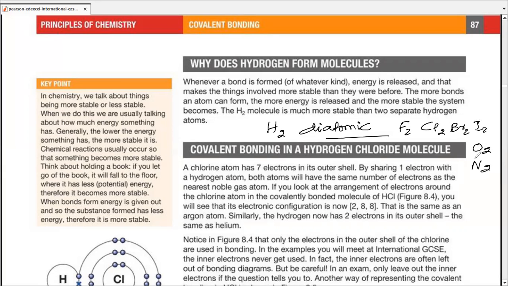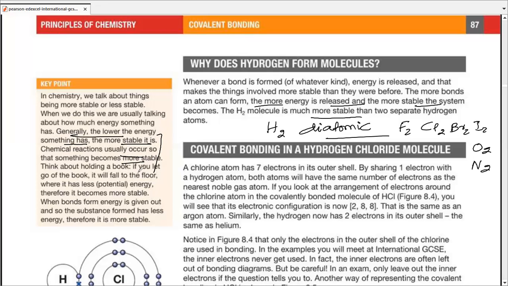Instead of existing as a single atom, which is not a stable case for them, the molecule is going to be much more stable, because when they form the bond, they'll release energy and become more stable than they previously were. Remember, the general rule is the lower the energy something has, the more stable it becomes. So after releasing energy, they have less and less energy, and the more stable they get.